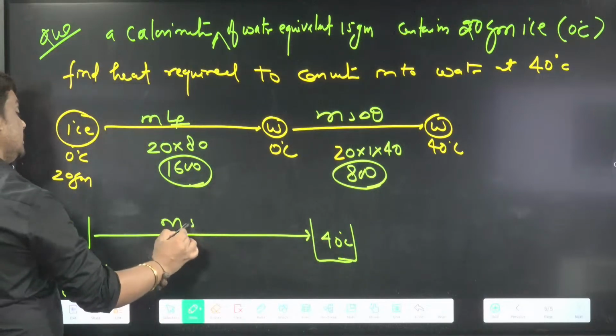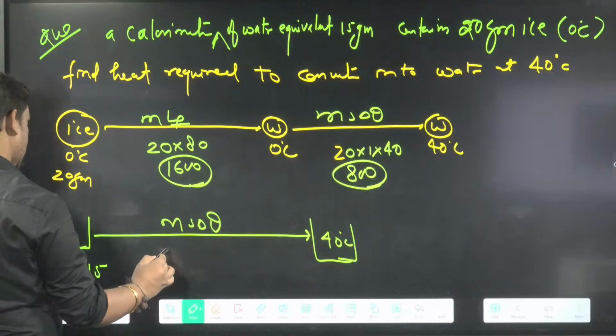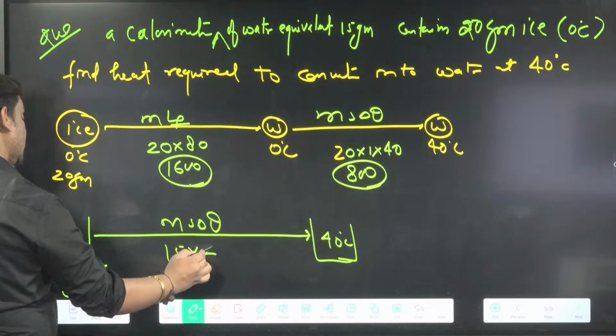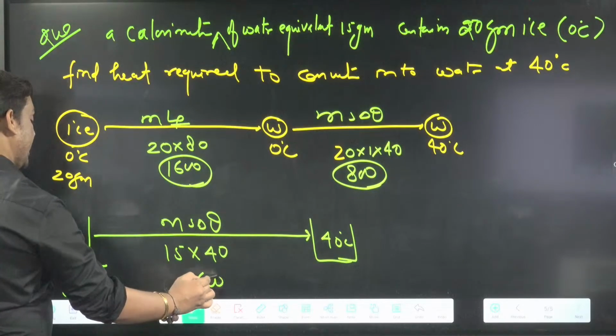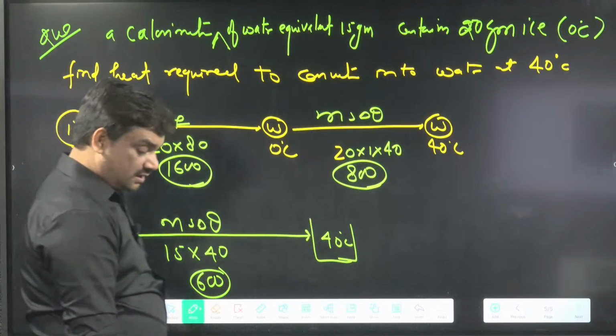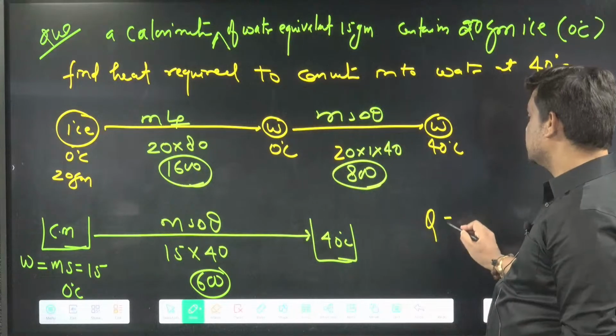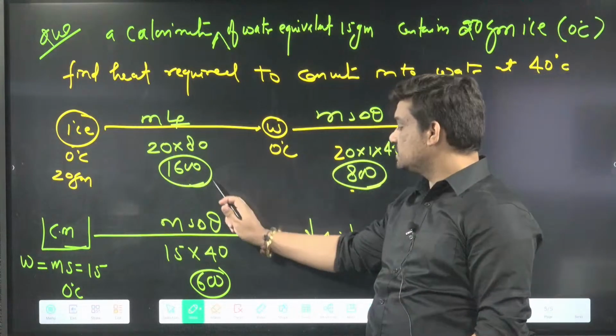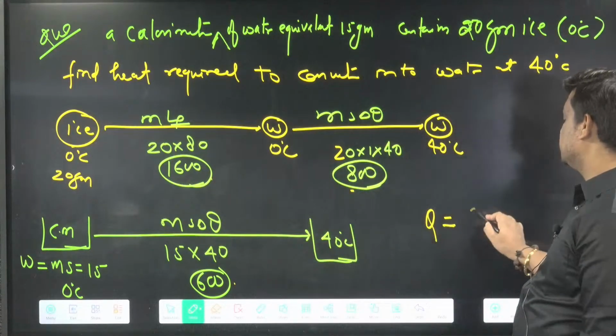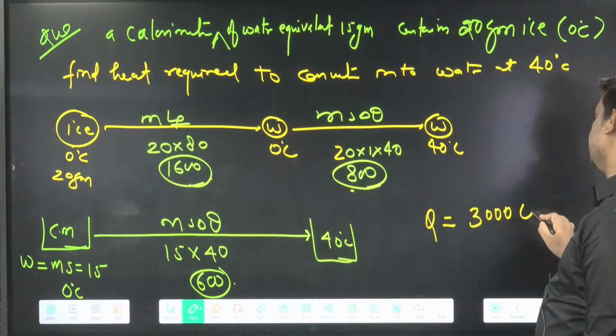How much energy will the container absorb? m s delta theta, so m s is 15 and delta theta is 40. So 600 additional energy is taken by the container. The total energy required will be this plus this plus this, which becomes 3000 calorie.